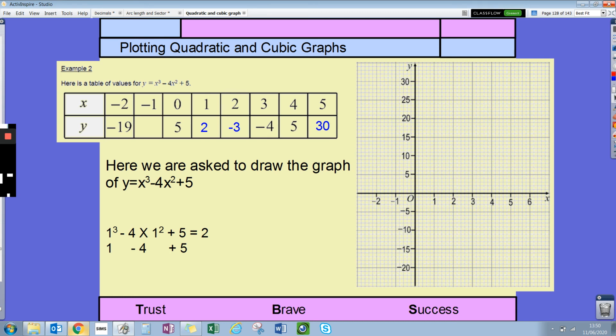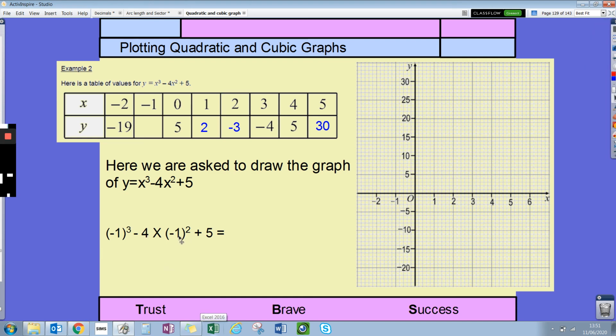And then the last one for this example, we're going to swap negative 1 in. So we're going to do negative 1 cubed, take away 4 times negative 1 squared plus 5. Negative 1 cubed, as we've seen before, cubing a negative will give us a negative result. So this will be negative 1.